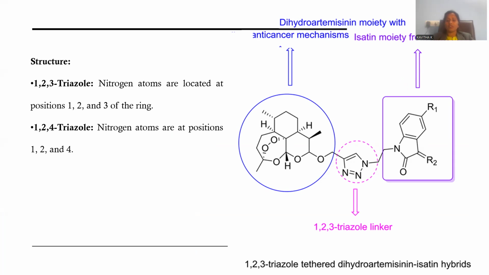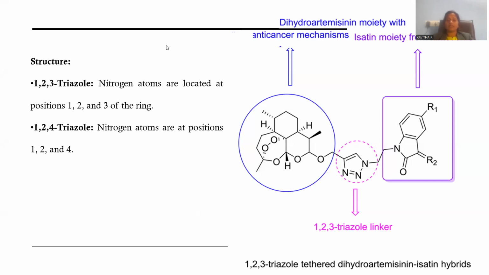So 1, 2, 3 triazole tethered dihydroartemisinin isatin hybrids, the entire molecule having the provision for the cure of cancer disease. Malignant tumors are effectively treated by means of the drug where the linkage is provided between two heterocyclic ring systems. One is the indole moiety called isatin, another is the dihydroartemisinin moiety. Both are joined together with this triazole linkage, right?